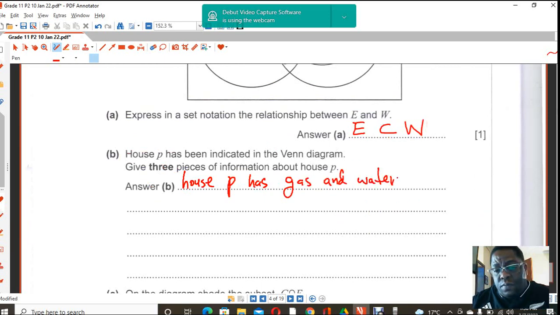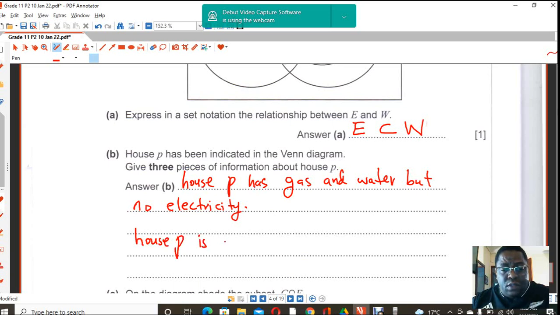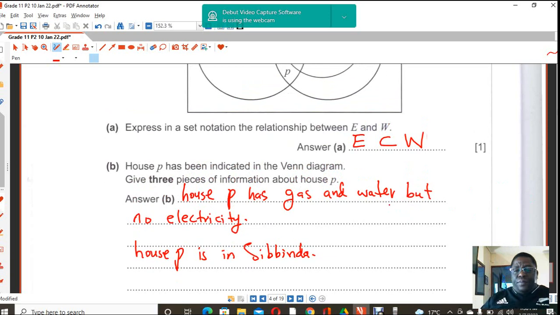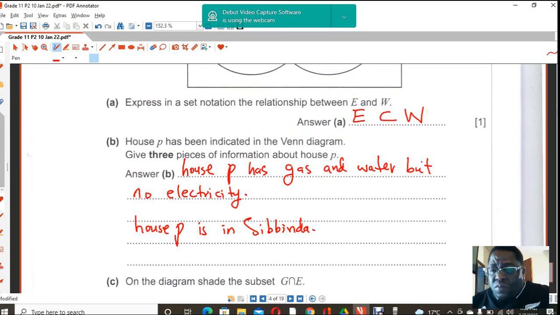And another important fact, house P is in Sibinda. Don't you agree? Because it's an element of the universal set. So those are worth 2 marks because you gave more than enough facts there.